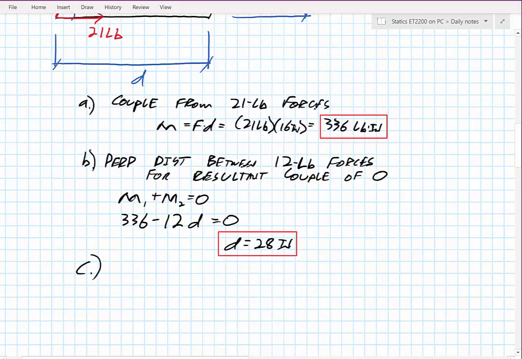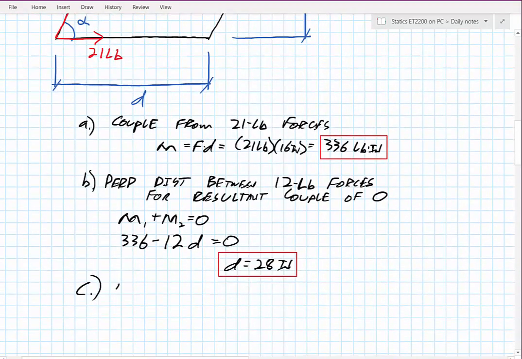Now the last thing that we're going to try and find here is, could we find this angle alpha if I were to give you a d value? We're going to say d is equal to 42 inches, and we're going to have a resultant couple of negative 72 pound-inches.